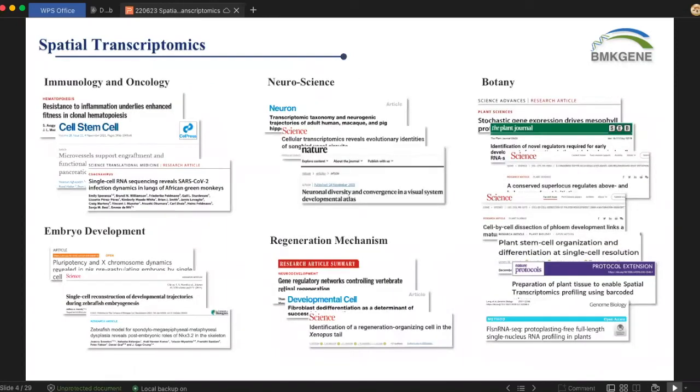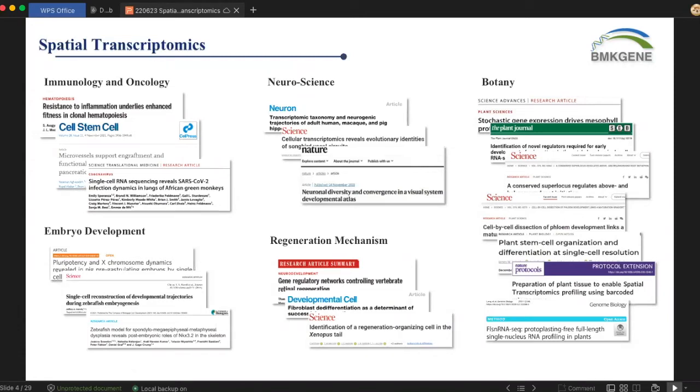So these are some applications of spatial transcriptomics, as I mentioned, when we are looking at tissues with very complex cell cluster organizations, for example in immunology and oncology.